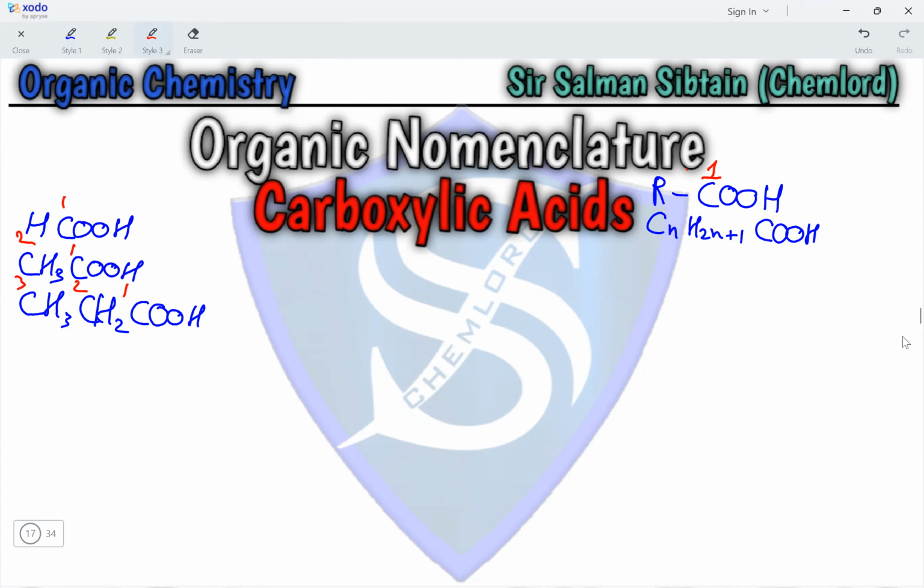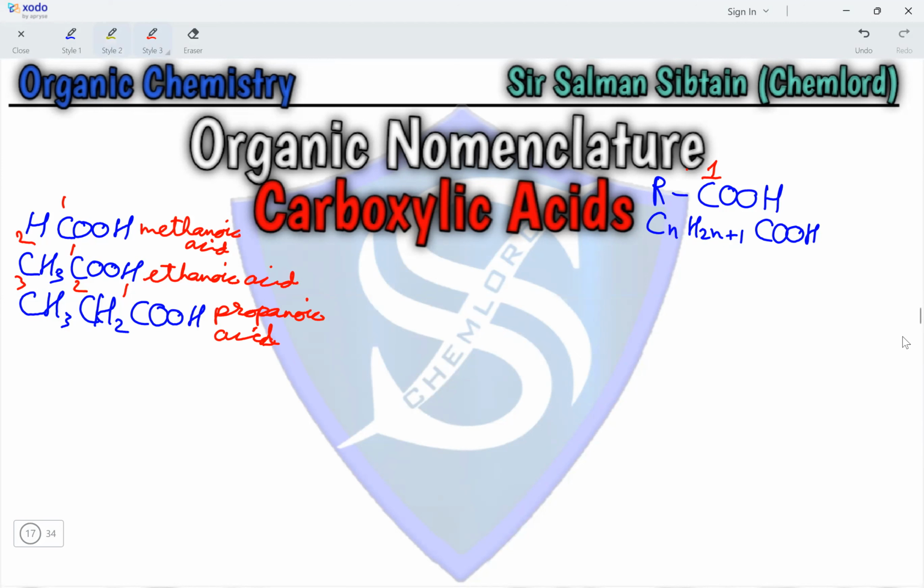So the name of the compounds would be, for the first one, methanoic acid. For the second one, ethanoic acid. For the third one, propanoic acid. The fourth one would be called butanoic acid. The next would be pentanoic acid, and the next would be hexanoic acid, and so on and so forth. So that is how carboxylic acid would be named.